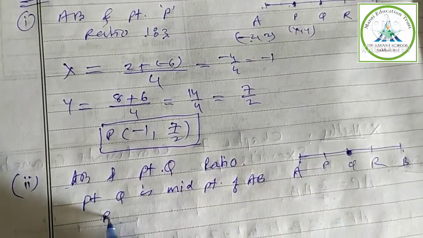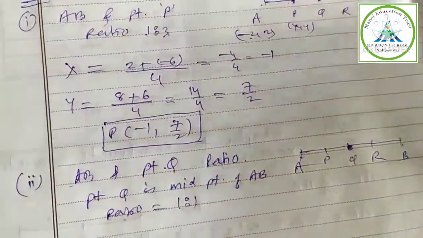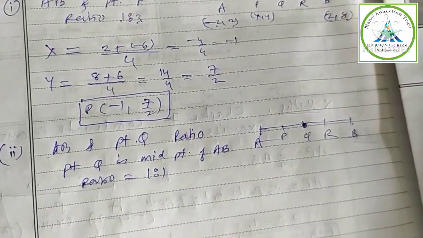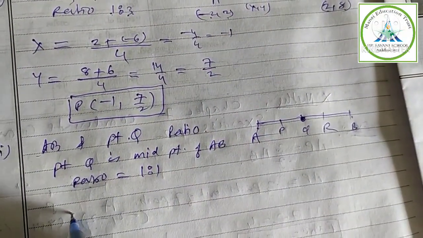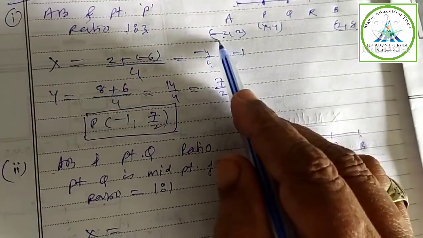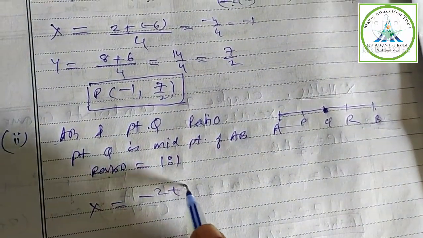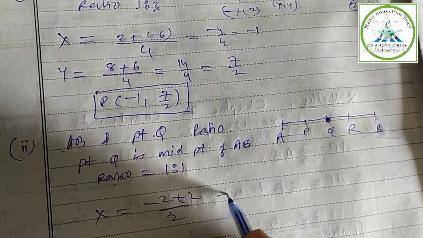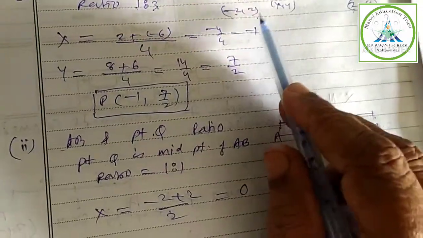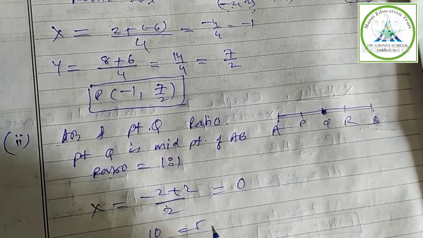So the ratio is 1:1. You know the coordinates of the midpoint: ((x1 + x2)/2, (y1 + y2)/2). The x coordinate of Q is (-2 + 2)/2 = 0. y is (2 + 8)/2 = 10/2 = 5.